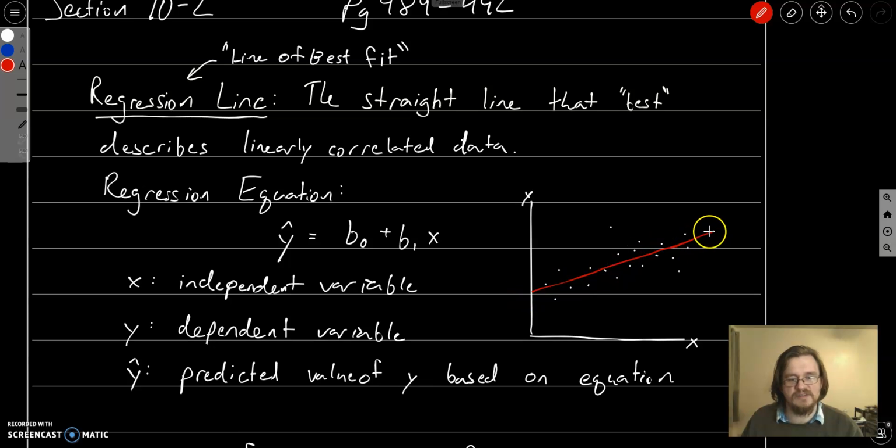It's going up and to the right, and in order to describe a straight line, we need two things. One is where the line hits the y-axis, and this will correspond to B naught right here.